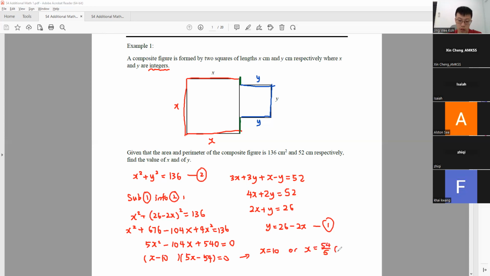When you get 54/5, you can reject it immediately because we know that x is the integer. So when x is 10, y is simply 26 minus 2 times 10, y is just 6. Okay, so x is 10, y is 6 is the answer for this question. Okay, any question?